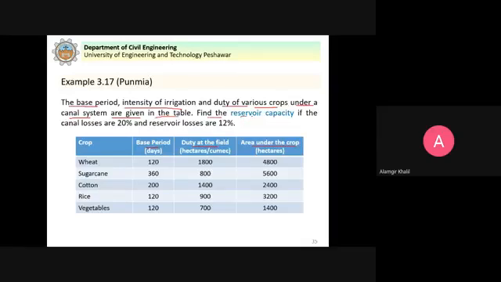Find the reservoir capacity if the canal losses are 20% and reservoir losses are 12%. The reservoir losses can be evaporation losses or seepage losses. Similarly, the canal losses can be evaporation losses and seepage losses. Clear? So how to solve this problem here?